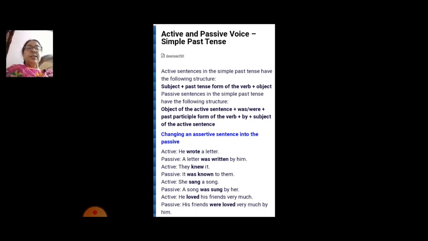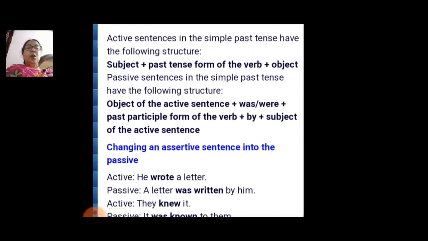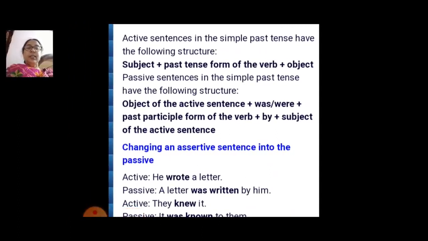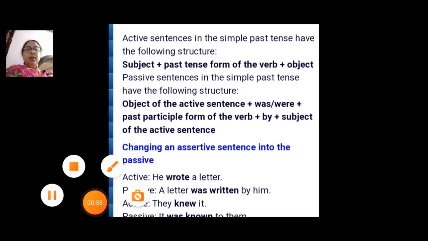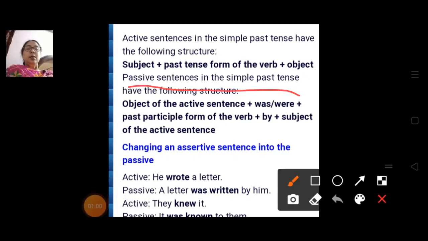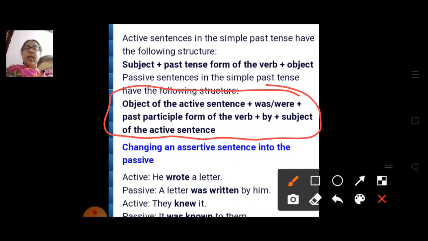Now passive sentences in the simple past tense have the following structure: object of the active sentence, was, were, past participle form of the verb, by, plus subject of the active sentence. Here you can see this is the formation of active to passive voice in the past tense.